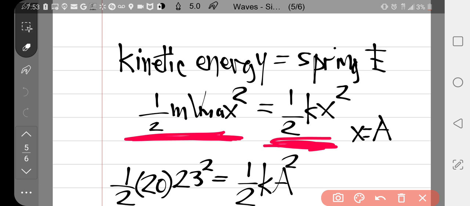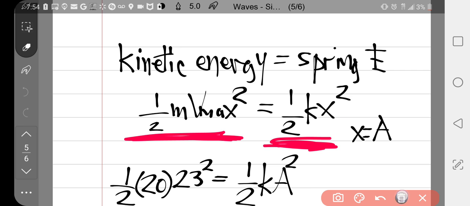But the thing here is at your max velocity, that's where you have your max amplitude. The max stretch, you think of a spring vibrating back and forth. At that max point, it's going to have your max amplitude.